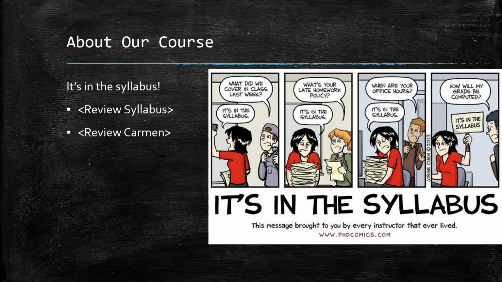Here is Carmen. And this is unfortunate. I don't like it. So just kind of follow along with my words. I'm looking at, along your left-hand side, the following tabs: Home, Announcement, Zoom, Grades, Files, and then you have a couple others.